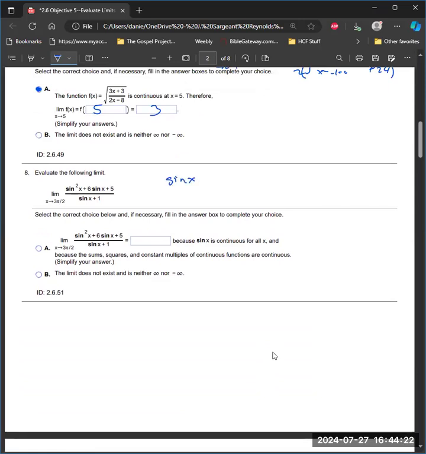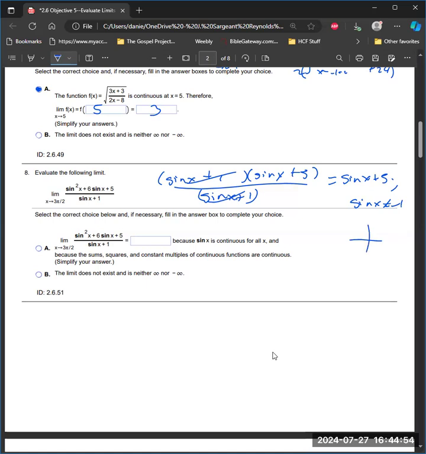Sine x plus 1 times sine x plus 5 over sine x plus 1, as long as sine x is not equal to -1. At 3 pi over 2, sine is -1, so that's a problem.